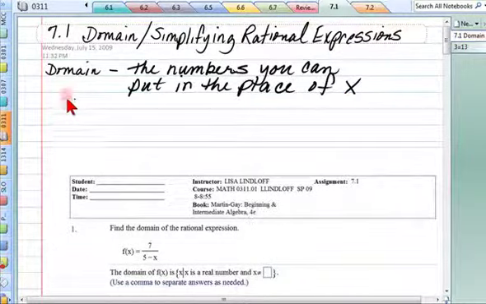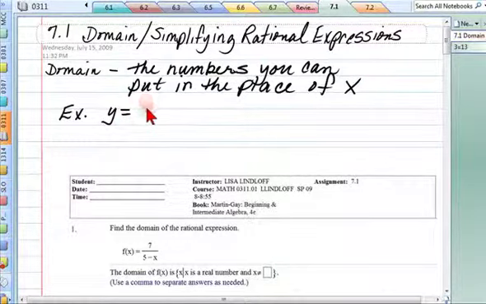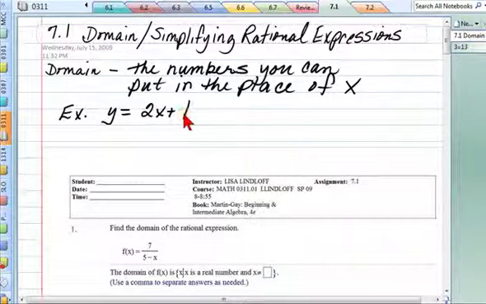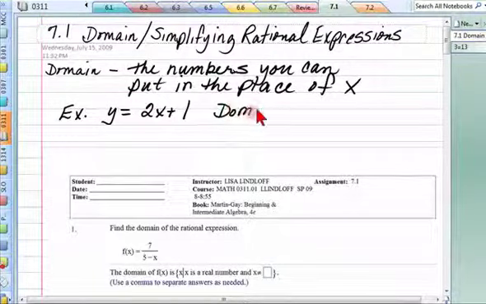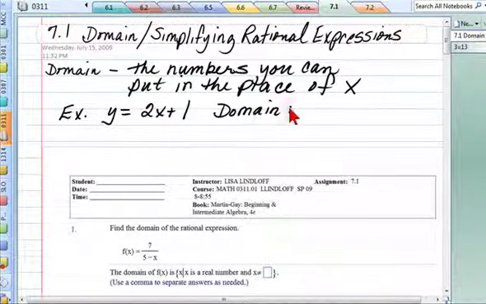Now, before we look at these problems, as an example, if you had y equals, and I'm looking at relationships here now between y and x, if I had y equals 2x plus 1, and I said, what is the domain of this? Well, I'm asking you, what are all of the numbers that you could put in the place of x?